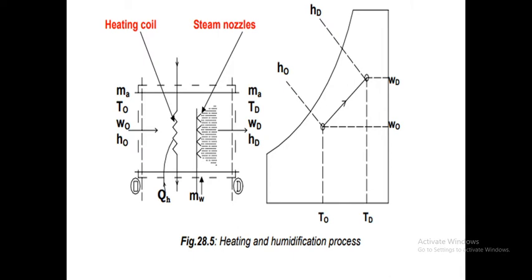Here the air flow rate at initial and final is MA, the water flow rate is MW, and the heat transfer rate is capital QH.